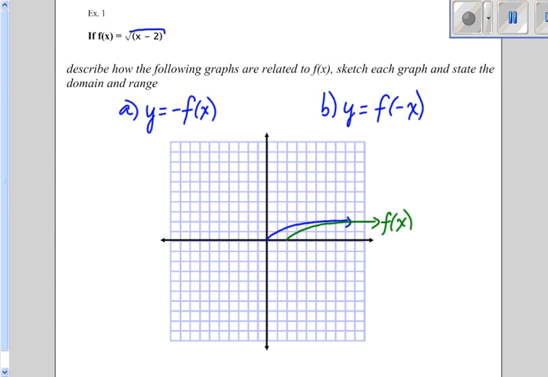I am throwing some negative signs in, which we have seen in our investigation are reflections. So the equation for y equals negative f at x is y equals negative whatever the function was, negative square root of x minus 2. Since that negative sign is not inside the function, it's outside of the function, that is a vertical change.